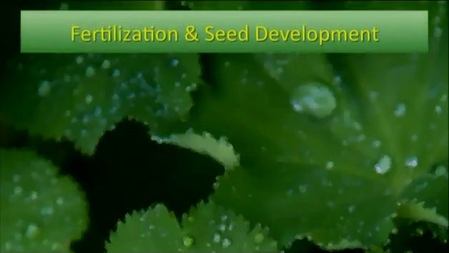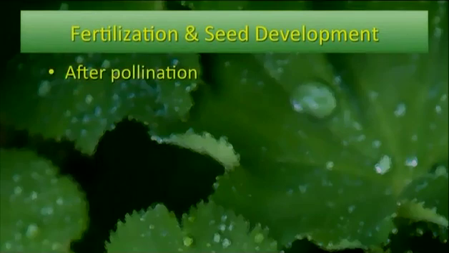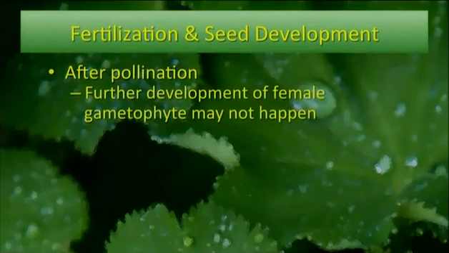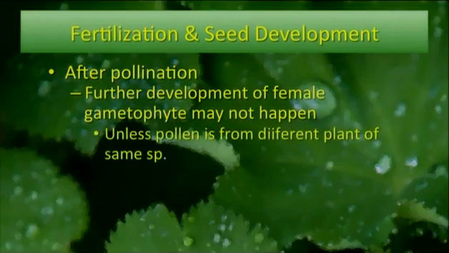Now after pollination, further development of the male gametophyte may not happen at all, depending on whether it's the right pollen or not. So the pollen needs to be from a different plant of the same species in many cases.